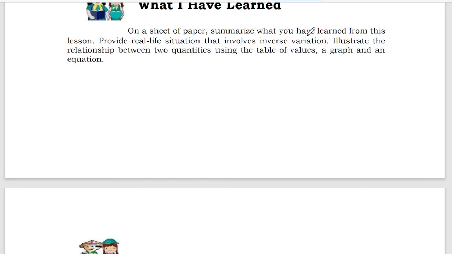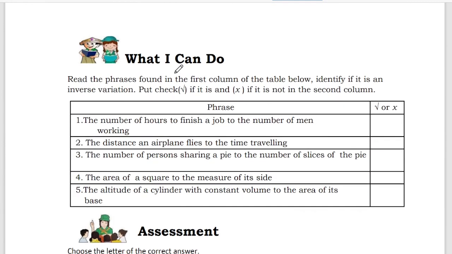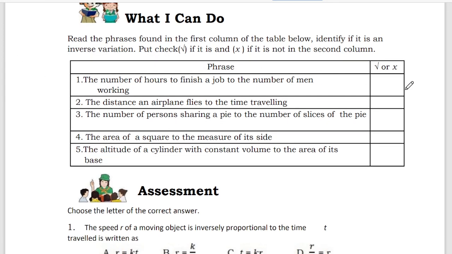After that, you are asked to summarize what you have learned from this lesson and provide a real life situation that involves inverse variation. You are going to illustrate the relationship between 2 quantities using a table of values, a graph, and an equation. Here you just write check or X, identifying whether it is an inverse variation or not.